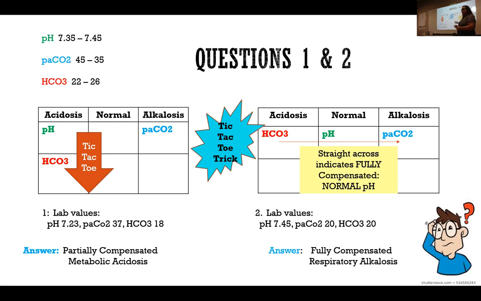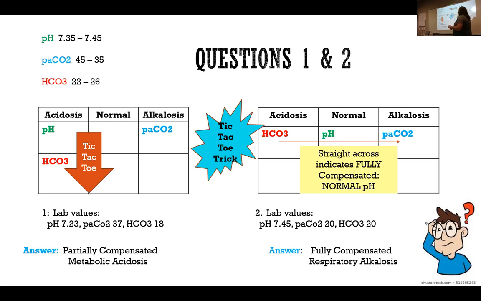That's the hardest one to get. You won't see those very often, but how do you tell? How far from normal is it? The one that is the farthest from normal is the controlling factor. If the pH is normal, we're just saying what it's closest to. Because we know that it's a good question.